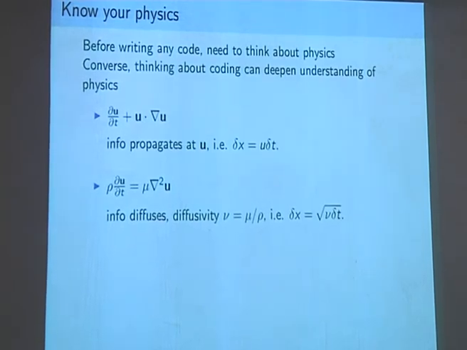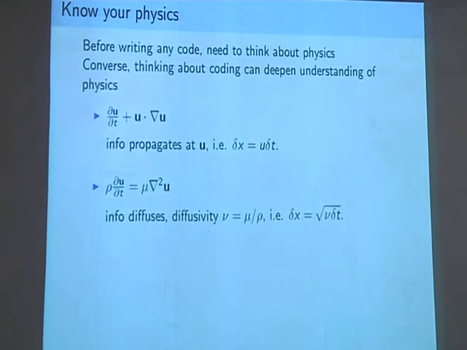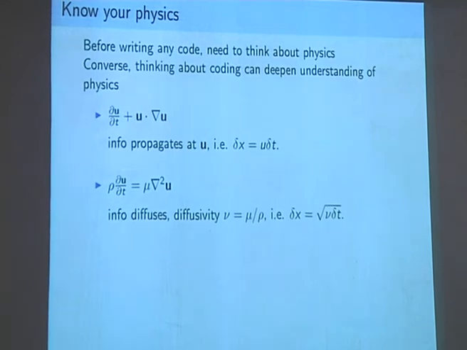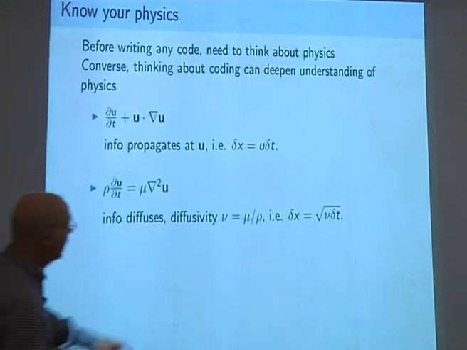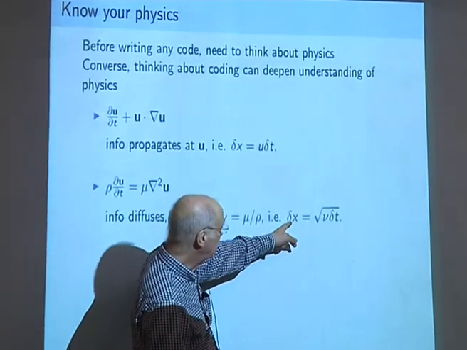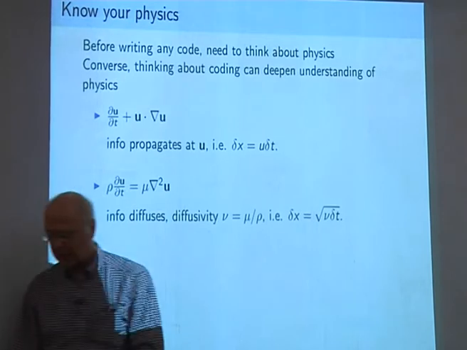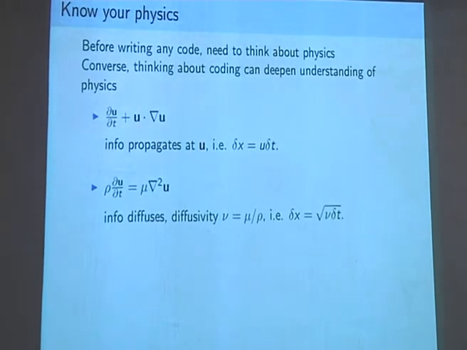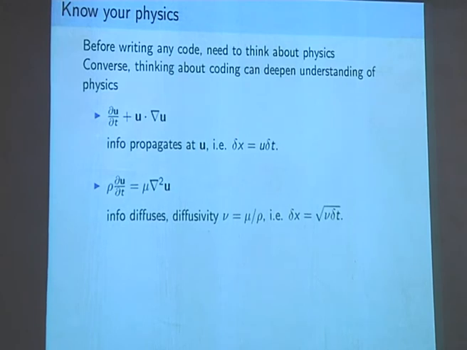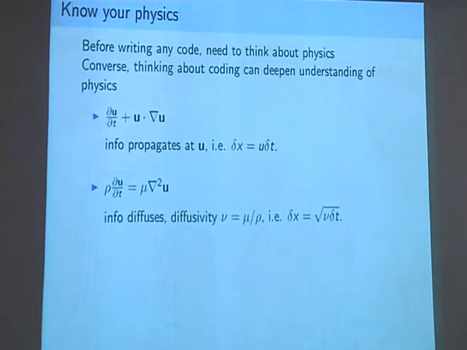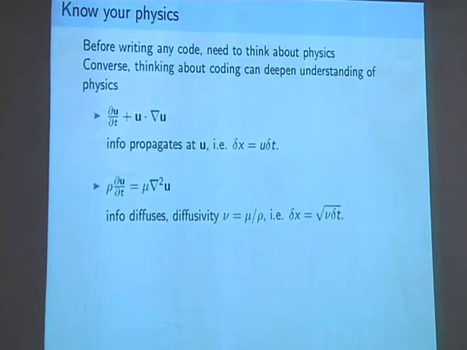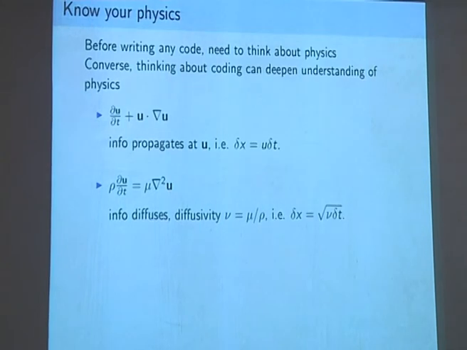There's then, if we take the first term on the left-hand side and the furthest term on the right-hand side, a diffusion equation. So there's a diffusivity of momentum, which is the kinematic viscosity. That's the dynamic viscosity. And the diffusion equation moves in a time delta t information a distance delta x, which is the square root of delta t. That means that in very small times, it actually goes quite a long way. But in long times, it relatively slows down. So again, there's this issue.